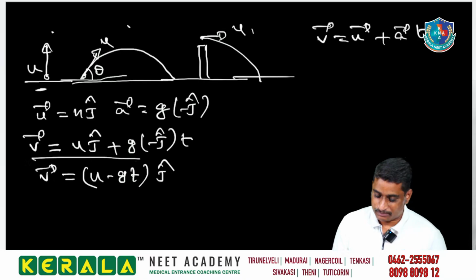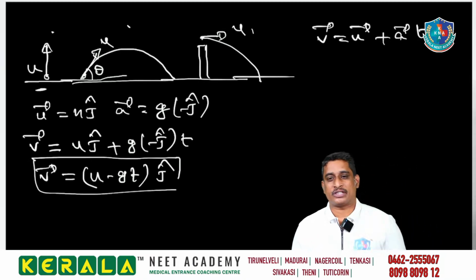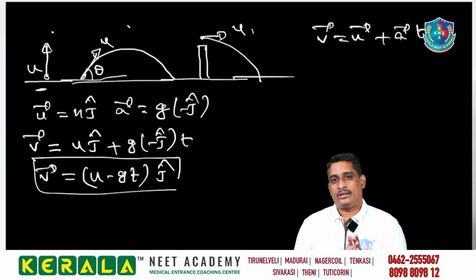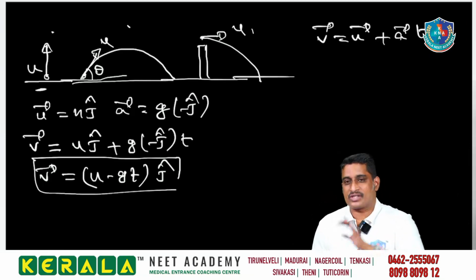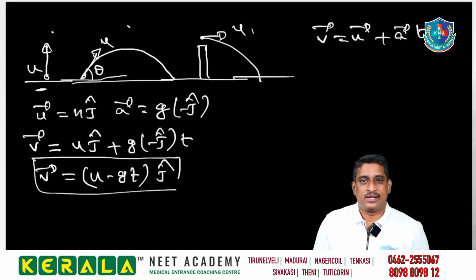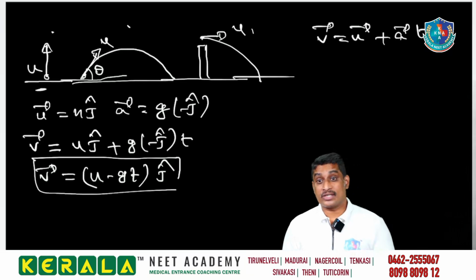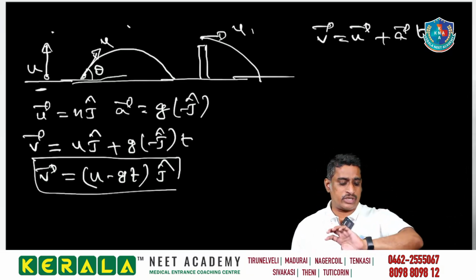This is the first case, a vertically projected body. Even in the case of an obliquely projected body, or horizontal projection from the top of the tower, very confidently you can use these kinematic equations, because acceleration remains constant. As long as acceleration is constant, you can confidently use the kinematic equations I have discussed.